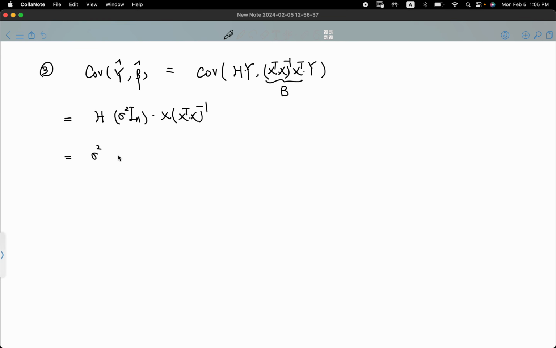Sigma square in the front, and then we can write H explicitly. So this part is the H, and let's continue with the matrix B, the B transpose.